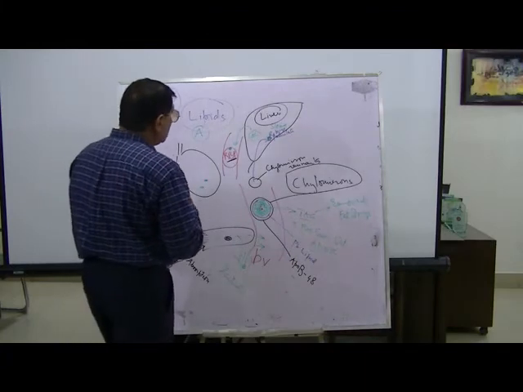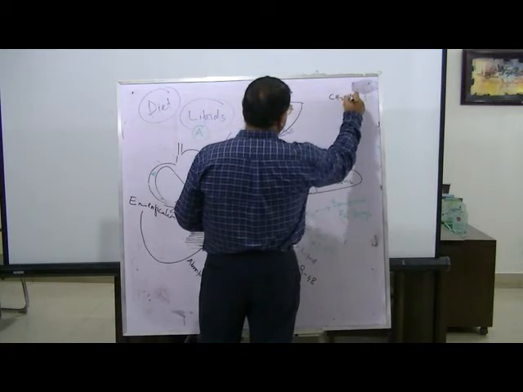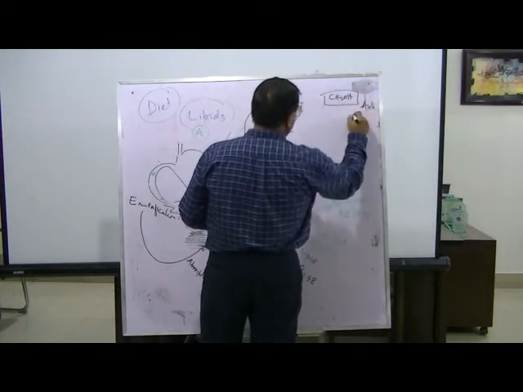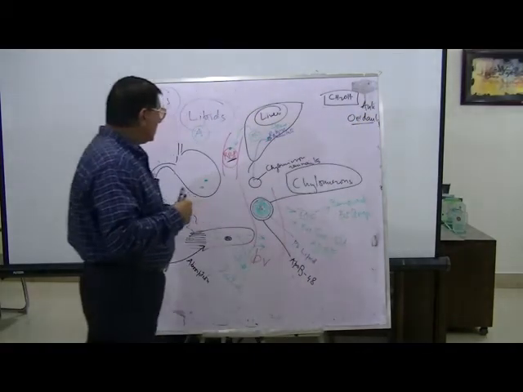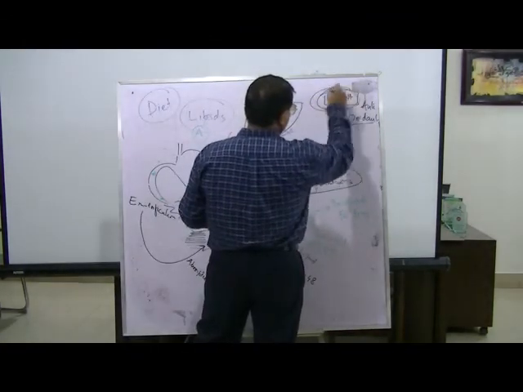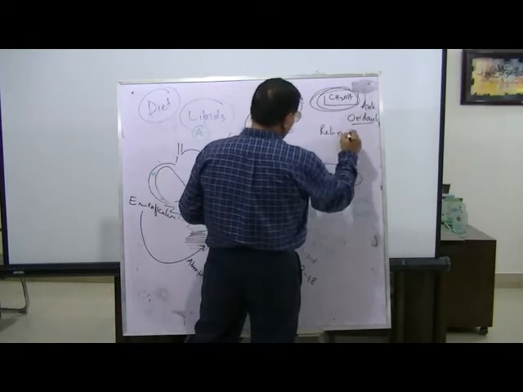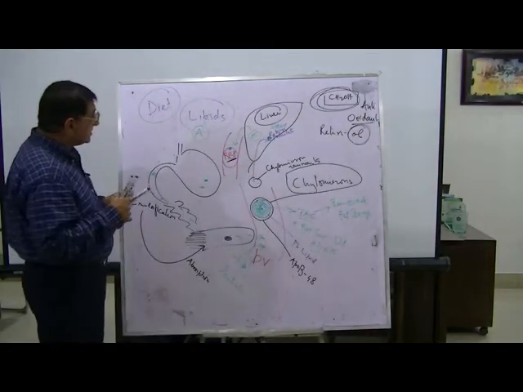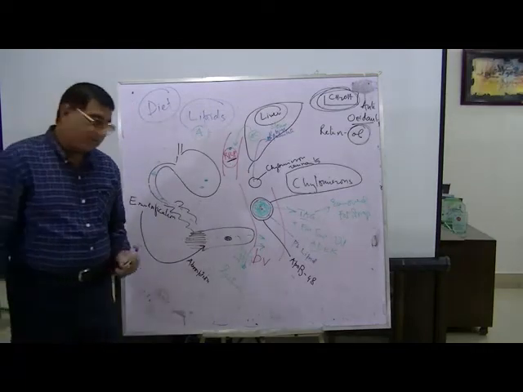So I told you retinol, which contains CH2OH, has an antioxidant function. So in the blood, it is in this form, retinol, attached to retinol binding protein.